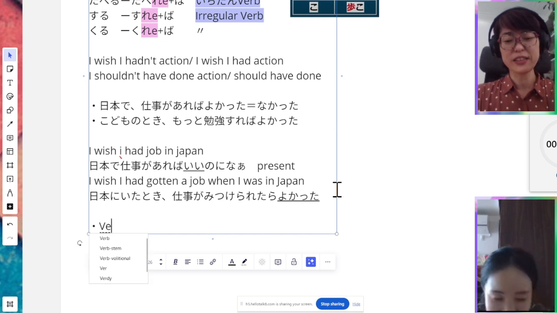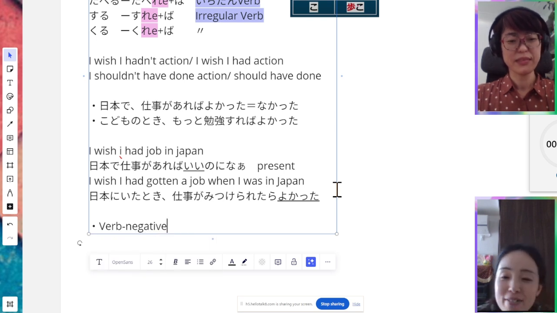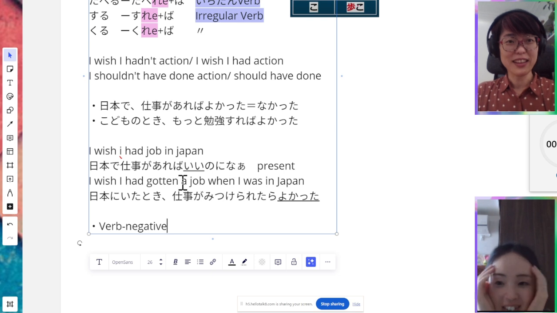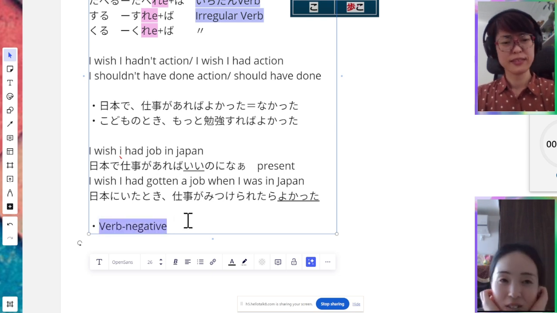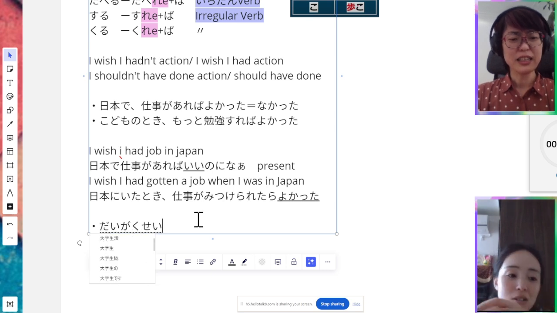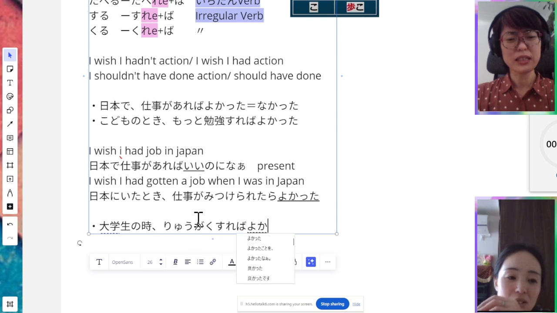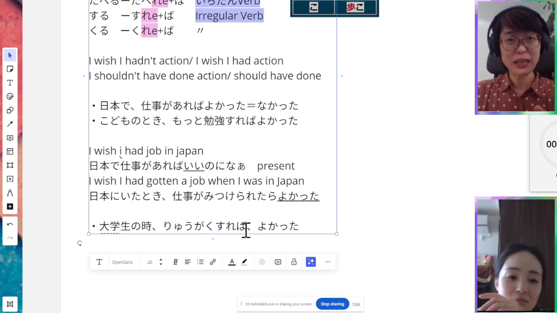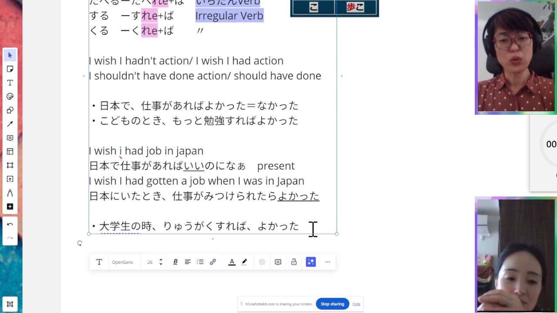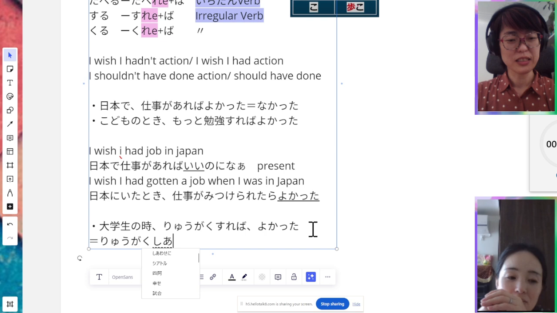Okay, verb negative. なんだろう、留学すればよかった。ああ、いいですね。例えば大学生の時、留学すればよかった。とてもいいです. Why? Because you are describing a past regret. つまりこれは何ですか? 留学しなかった.